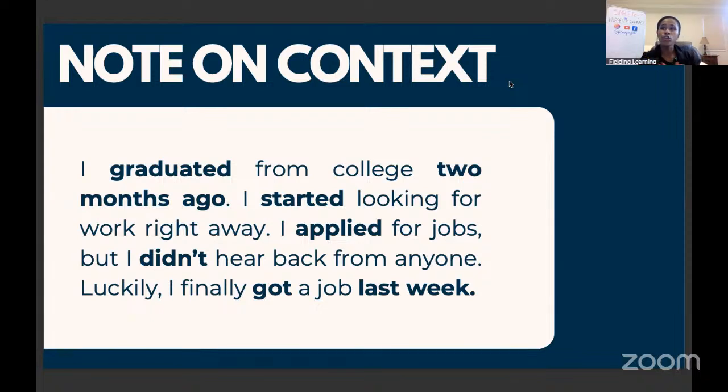So as you can see, you don't need to use a time marker in every sentence. Because if you already started in the past, you just continue in the past. You are going to be understood because the context will dictate that you are using the past tense. Did that make sense? Does it make sense for you guys?